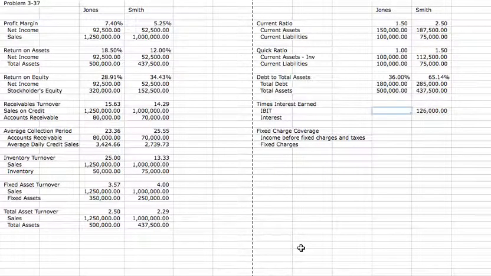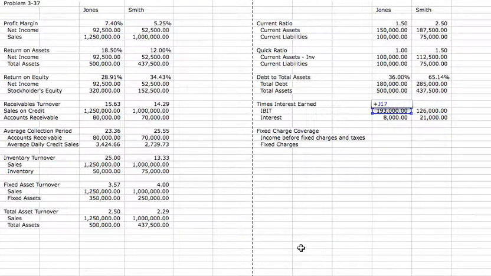And operating profit for Jones Corporation would be $193,000. And then interest for Jones Corporation is $8,000. And interest for Smith Corporation is $21,000.